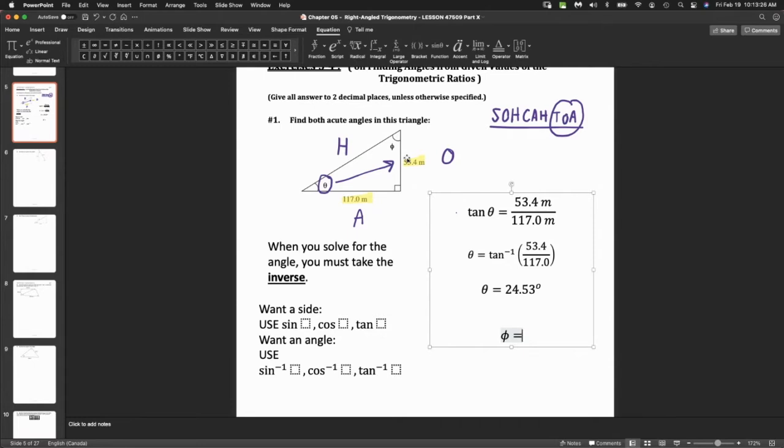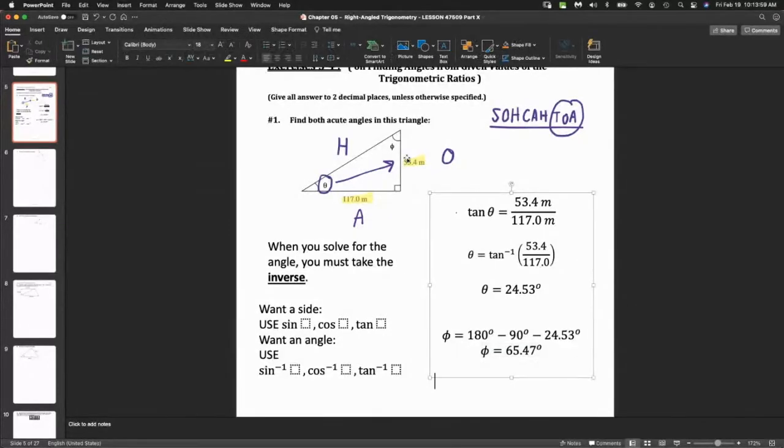Very good, Maha. Yeah, you would use the 180 rule. Maha, I'm going to write down a little bit different than yours, but what you wrote down is beautiful. So I'll do it as a 180 first. You could do 180 minus 90 minus 24.53, and that would give you 65.47.